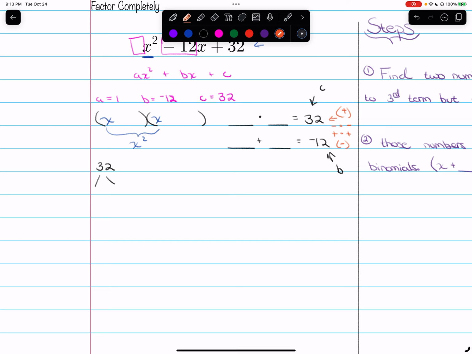The only way to end up with a positive number when you multiply and a negative number when you add is you need to have a negative times another negative, because a negative plus a negative is going to give you another negative number. That's what we want sign-wise. So we know both of our numbers are going to be negative.